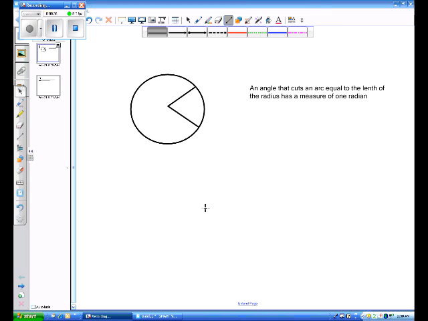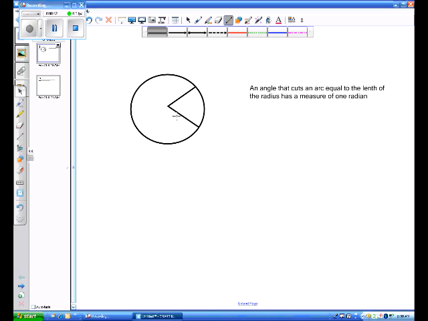And in doing that, if we have an angle that cuts an arc equal to the length of the radius, so here we have our radius of r, and if the arc that's cut is measure r, then we say that we have a central angle of 1 radian.